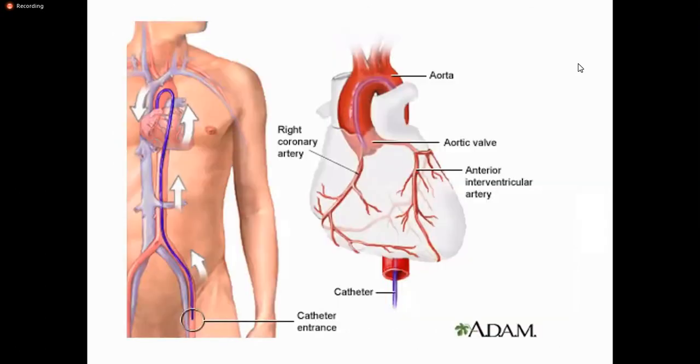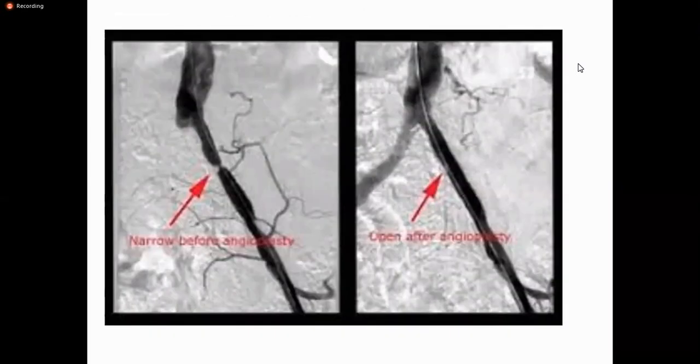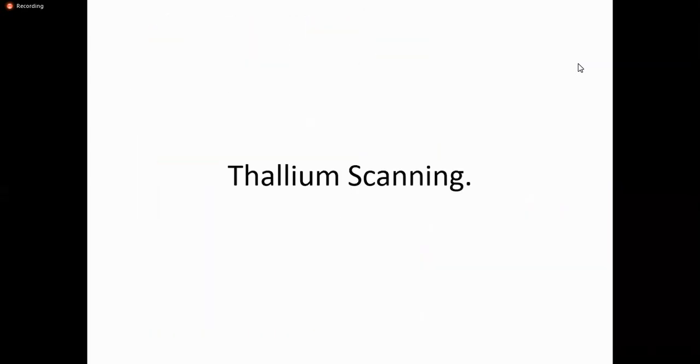Now what is the indication of thallium scan? Thallium scan is basically a modality to identify the ischemia of the myocardium or the viability of the myocardium. Suppose a person comes to us complaining of chest pain on exertion, and we suspect coronary artery disease.